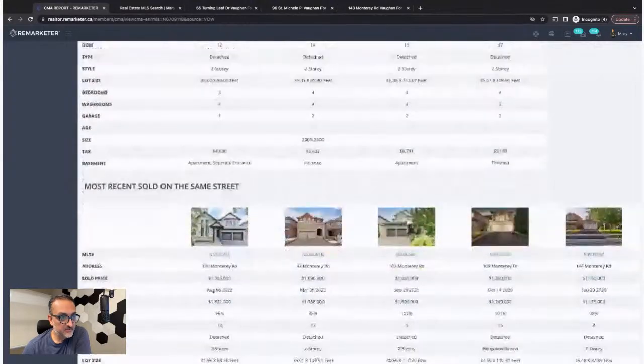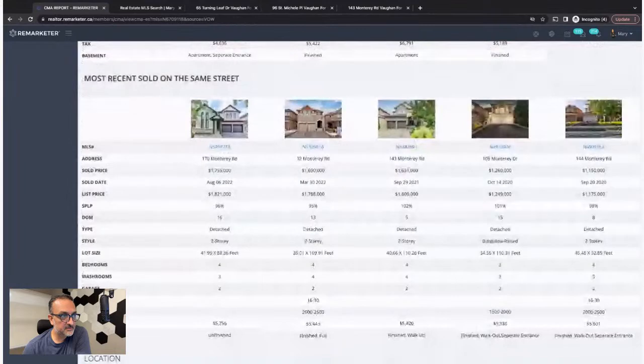All right. And then finally, we have the most recent sold properties on the same street. And this one is an interesting one as well, because these are all the neighbors.